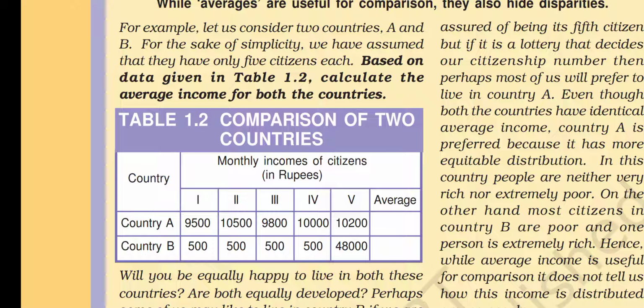Country B also has different incomes. If we try to find the average, for country A it will come to around 10,000 and for country B it will be 11,600. So in short, we can say the average income of the country per month is almost the same.